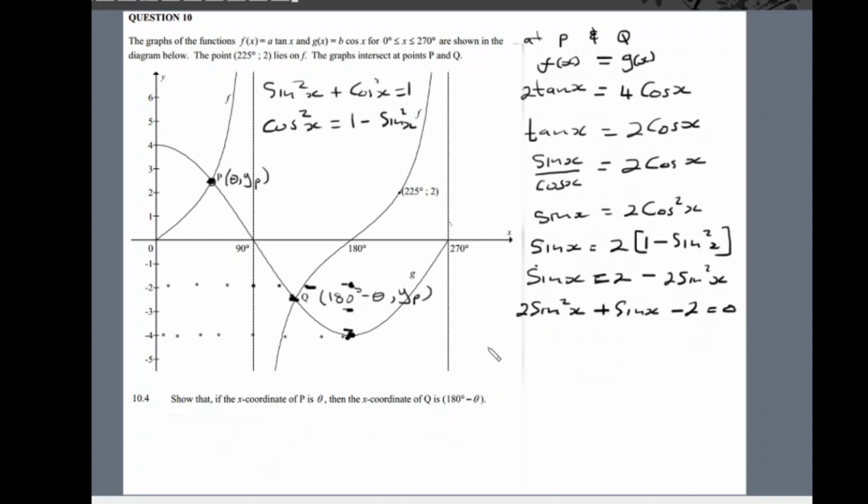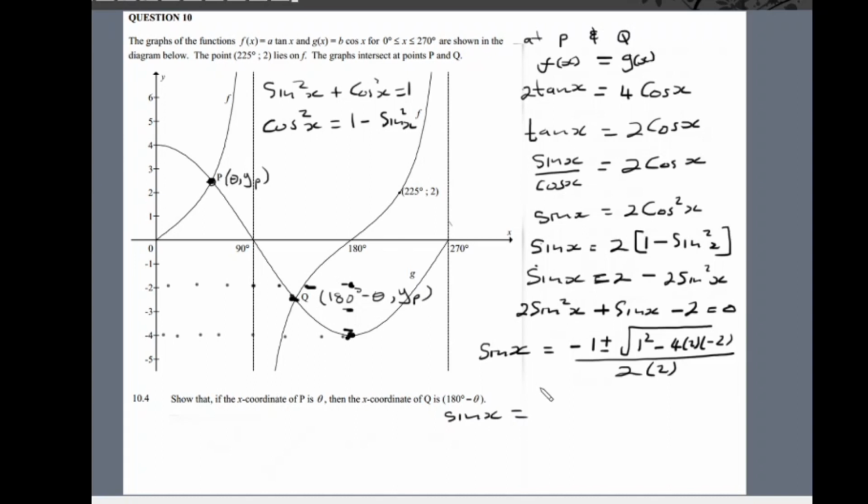So I will use the quadratic formula to solve for sin x. So sin x will be equal to minus b, which is 1, plus or minus the square root of b squared, which is 1 again, minus 4ac, divided by 2a, right?